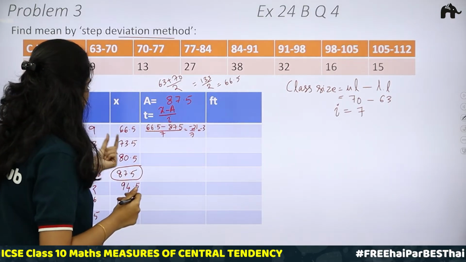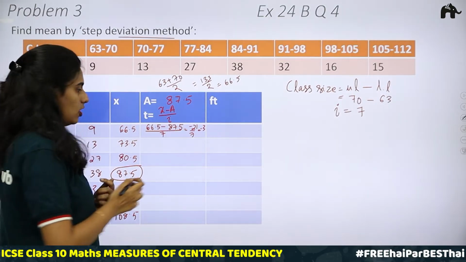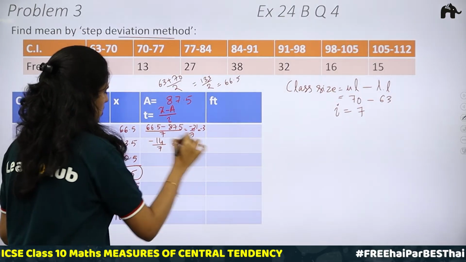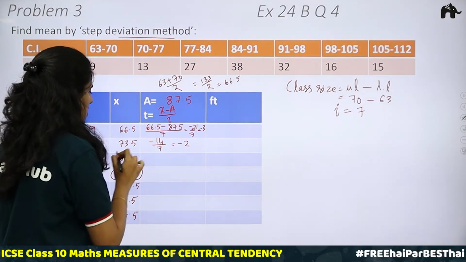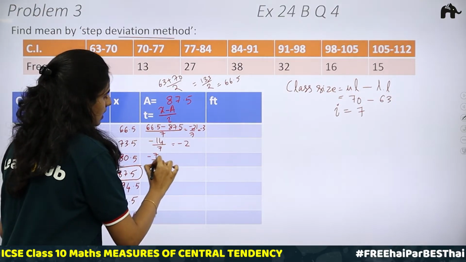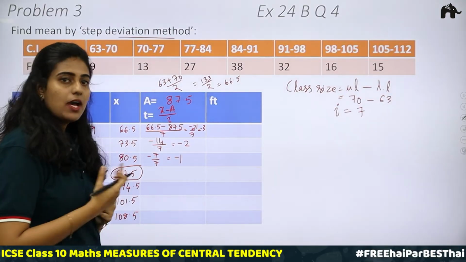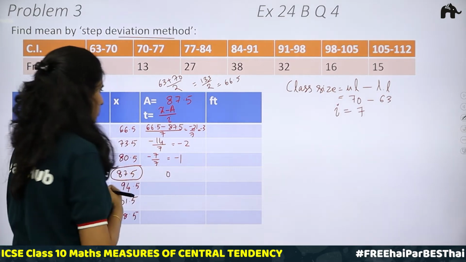Next, 73.5 minus 87.5, you will be getting minus 14. Minus 14 divided by 7, and that is minus 2. Next, 80.5 minus 87.5 is equal to minus 7 divided by 7, and that is minus 1. 87.5 minus 87.5 is 0. 0 by 7 is equal to 0.